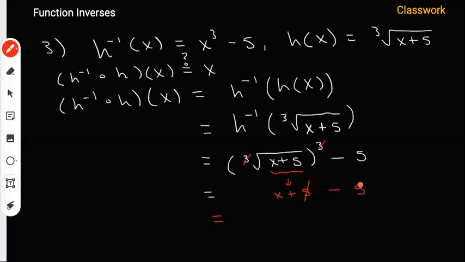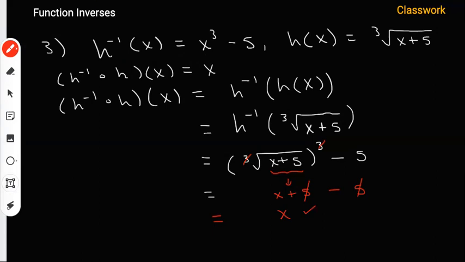So that's why I don't have to worry about them. They just give me 0. And the only thing I'm left with is X. And that's exactly what I wanted. So now I can get rid of this question mark. Okay. So the inverse of a cube root is a cubic function. That shouldn't be too surprising.